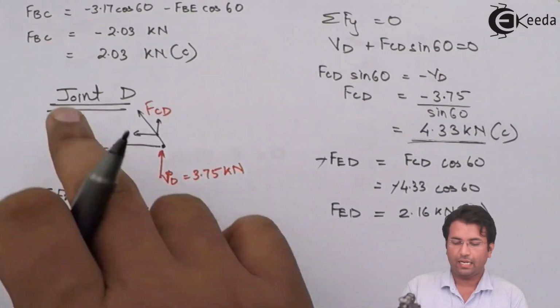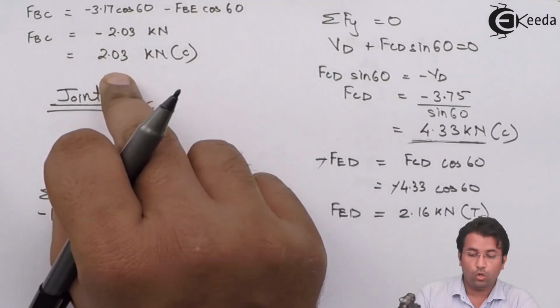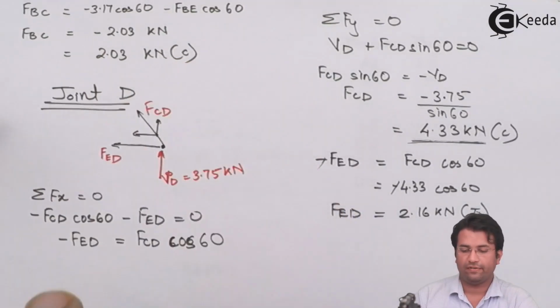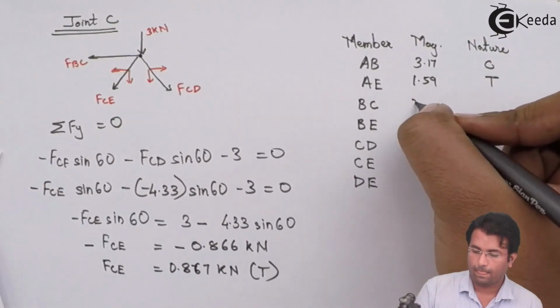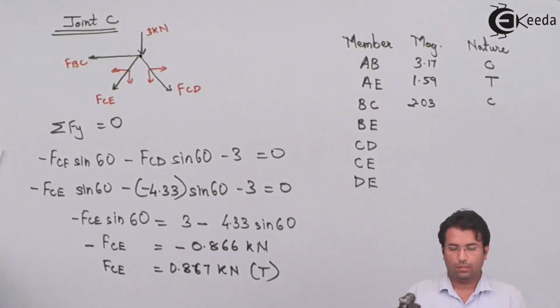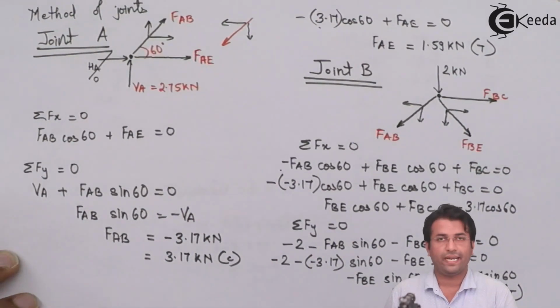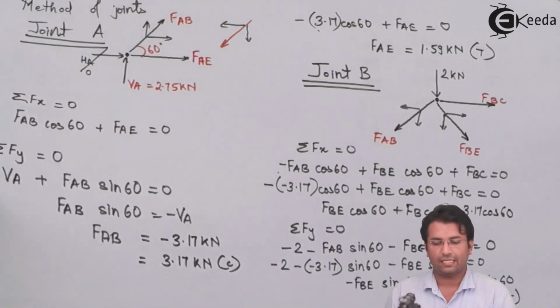Here you can see that the force in member BC is 2.03 kilonewtons, and that is compressive. Force in member BE is 0.87 kilonewtons and it is tensile.